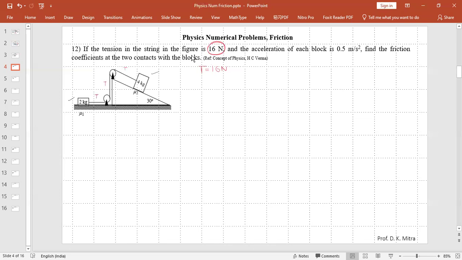The acceleration of each block is 0.5 meter per second square. So this block is also coming down with an acceleration of 0.5 meter per second square. This one is also moving with an acceleration of 0.5 meter per second square.